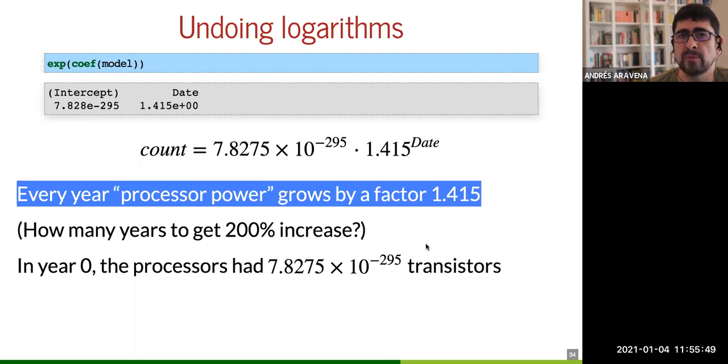This is Moore's law. Every year, the computer capacity grows. Well, this is a little more complicated. This is literally the number of transistors, but it's a good approximation of the computer power. It's kind of how much you can do in parallel, or how much memory you can make, how much storage you can have.